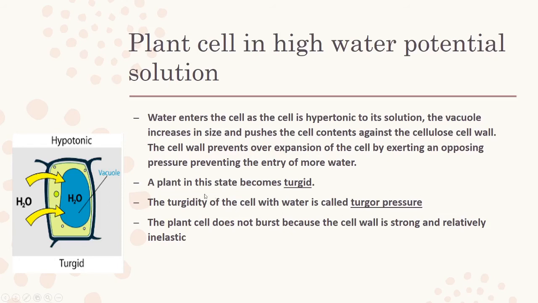A plant cell in this stage becomes turgid. The turgidity of the cell with water is called turgor pressure. The plant cell does not burst because the cell wall is strong and relatively inelastic.